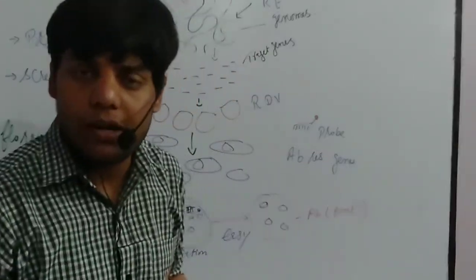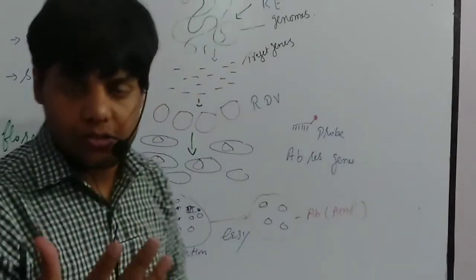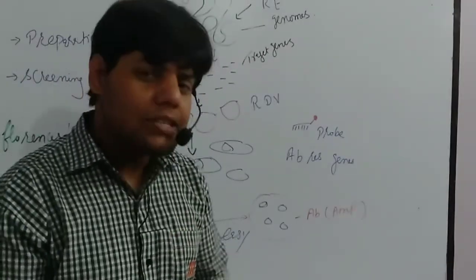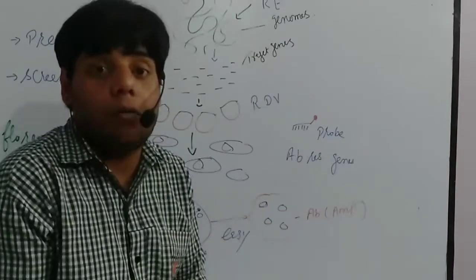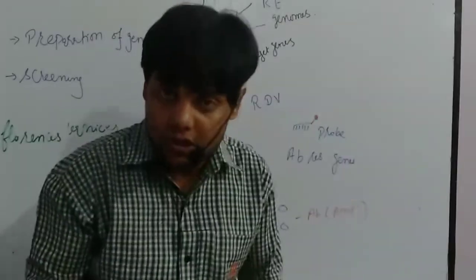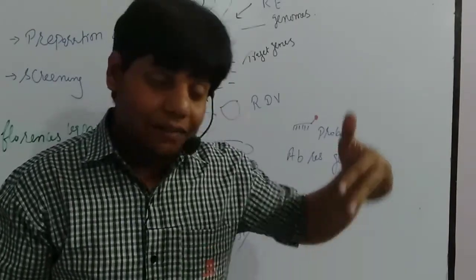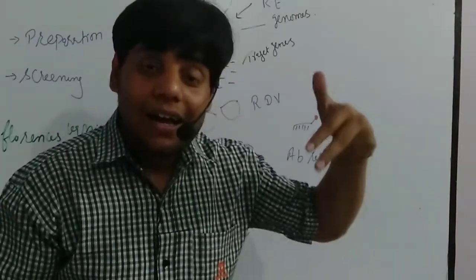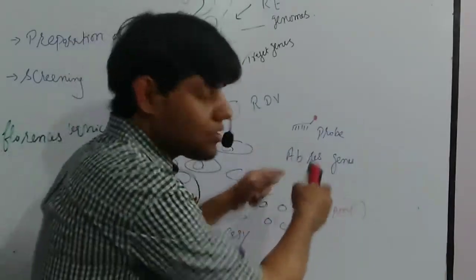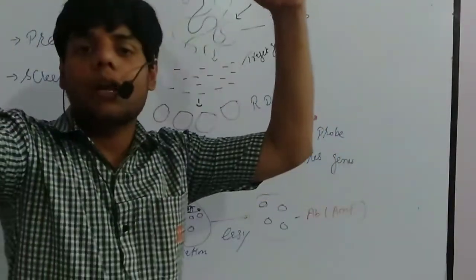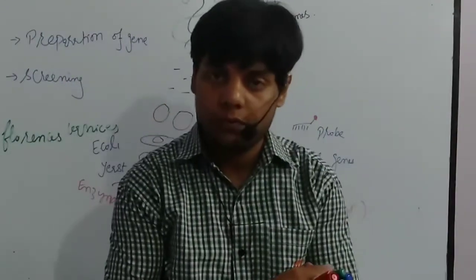The EcoRI, HindIII or BamHI restriction enzymes may have a cleavage point in the antibiotic resistance gene. If they recognize their cutting sequences in that gene, the antibiotic resistance gene will be cleaved out, and due to this the cells will not grow.